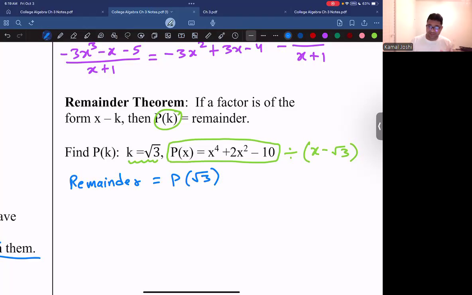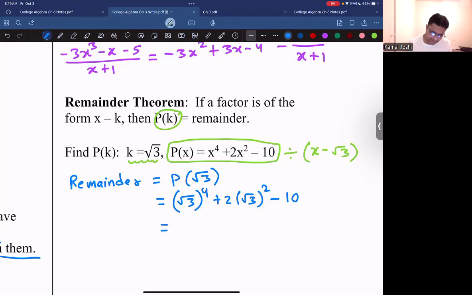And notice the change in sign. Okay, if you are dividing by x minus k, then the remainder is p of k. Okay, the opposite sign. So here, plug in root 3 to the power 4 plus 2 times root 3 squared minus 10.